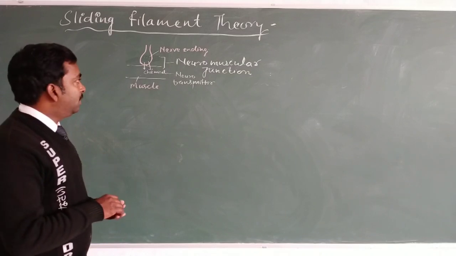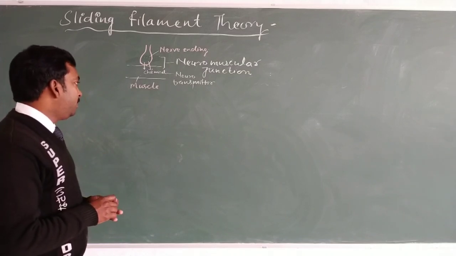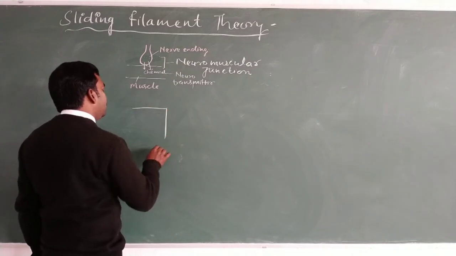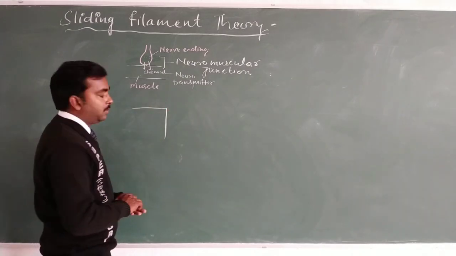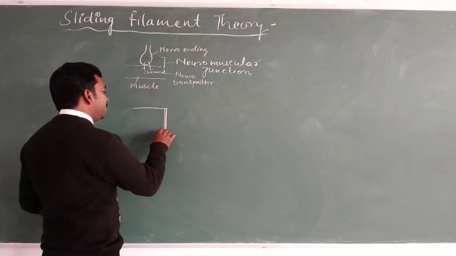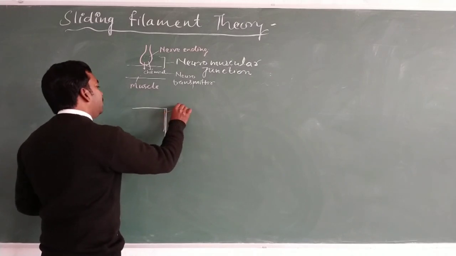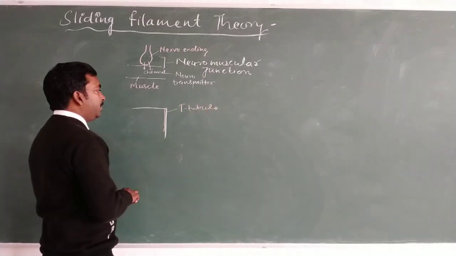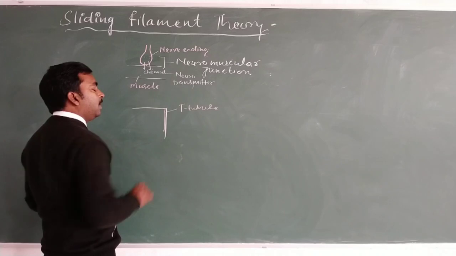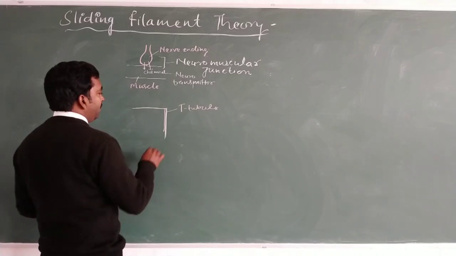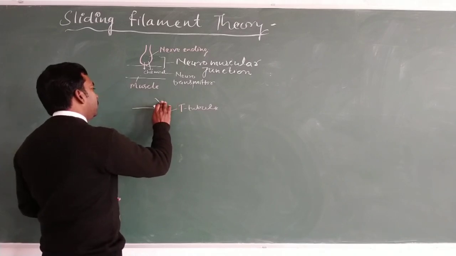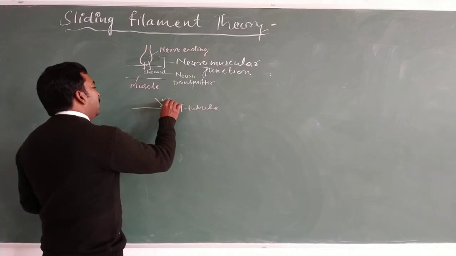And after receiving the nerve impulses, they are received through the T tubules. As we have discussed about the T tubules, this is the T tubule, and that T tubule receives the impulses and the neurotransmitter.